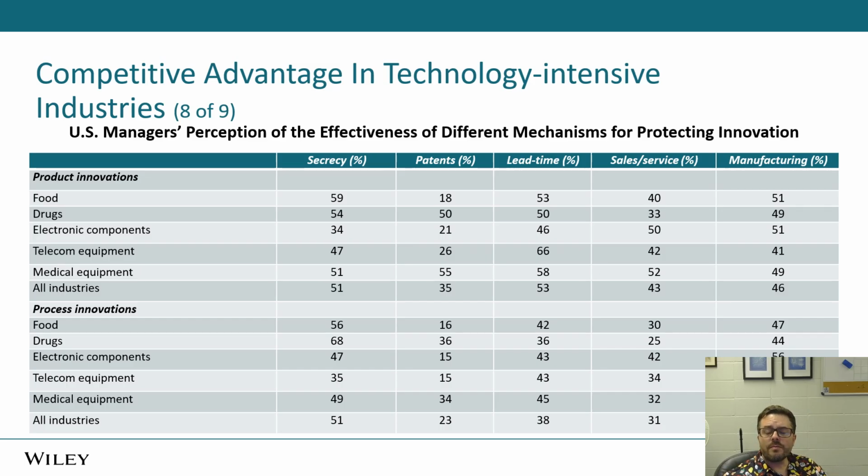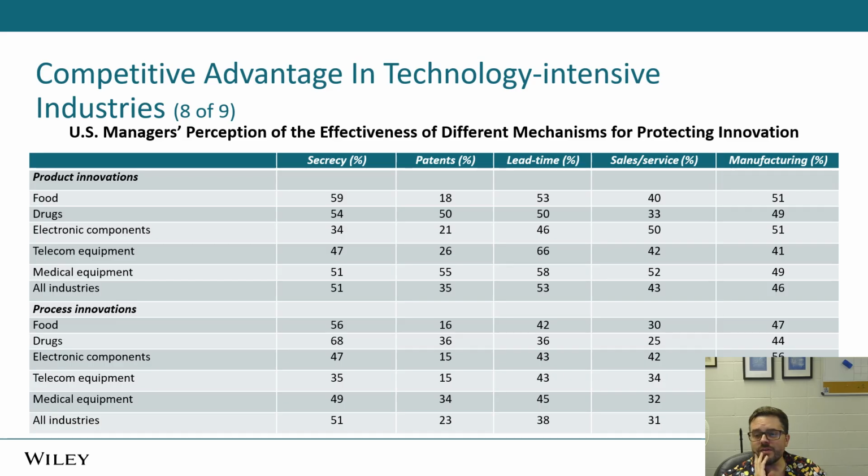These are from a survey of managers and their perceptions of what are the most effective means of protecting innovation. If you look here, it varies widely between firms depending on the industry. Patents, though, are generally surprisingly ineffective for a lot of industries except drugs.